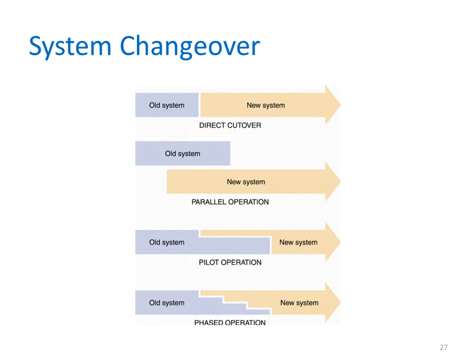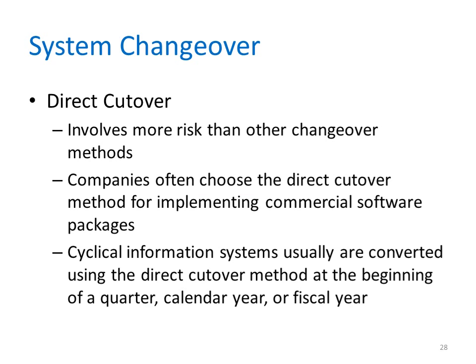Direct cutover is similar to throwing the switch that instantly changes from the old system to the new. Parallel operation requires that both systems run simultaneously for a specified period of time and is also the slowest method. The other methods, pilot and phased operations, fall somewhere between direct cutover and parallel operation. We'll talk about these in the next few slides.